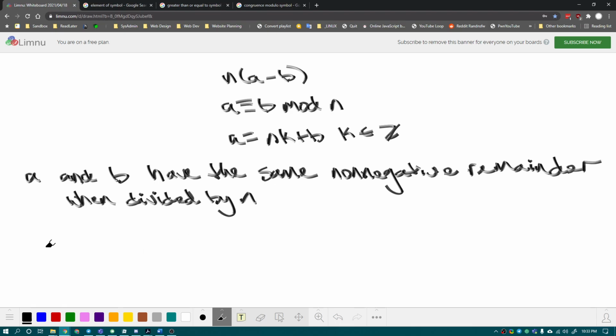And finally, and this is the one I didn't understand, A mod n is congruent to B mod n. So those 5 things are equivalent. Now let's see if we can work it out.